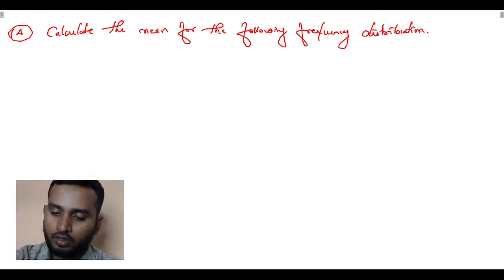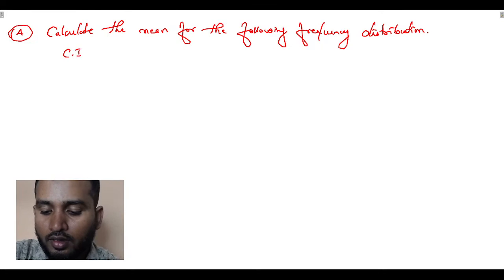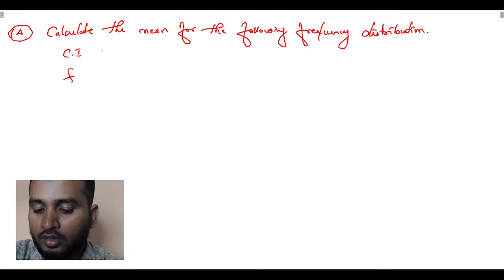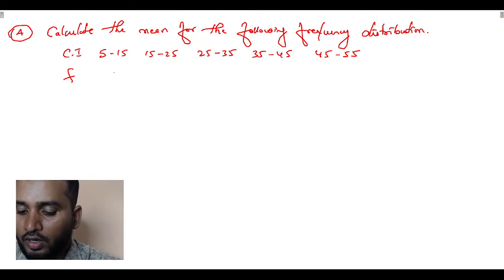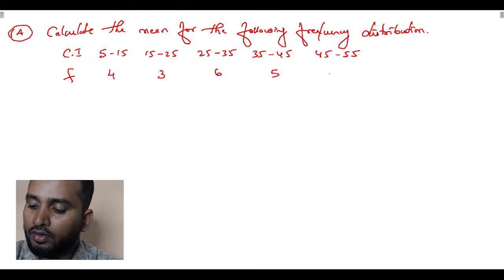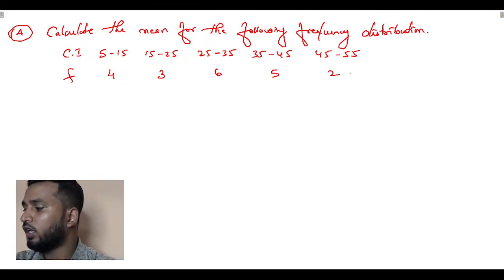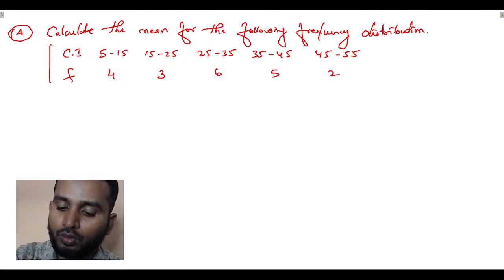Okay. So, take down the table. Class interval, frequency. Class intervals are 5 to 15, 15 to 25, 25 to 35, 35 to 45, 45 to 55. Frequencies are 4, 3, 6, 5, 2.